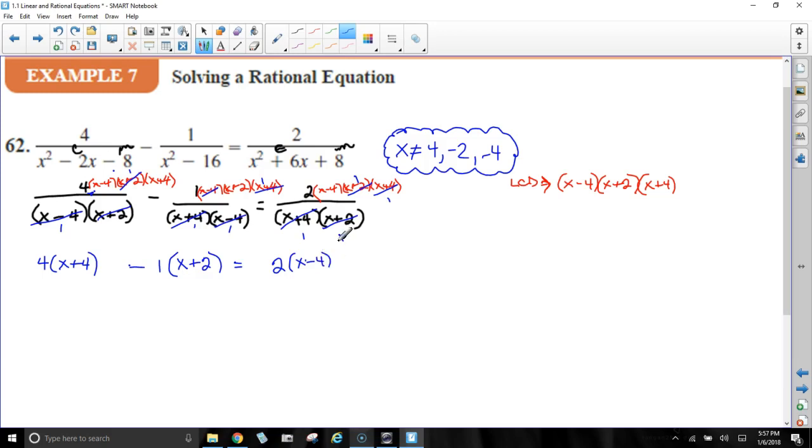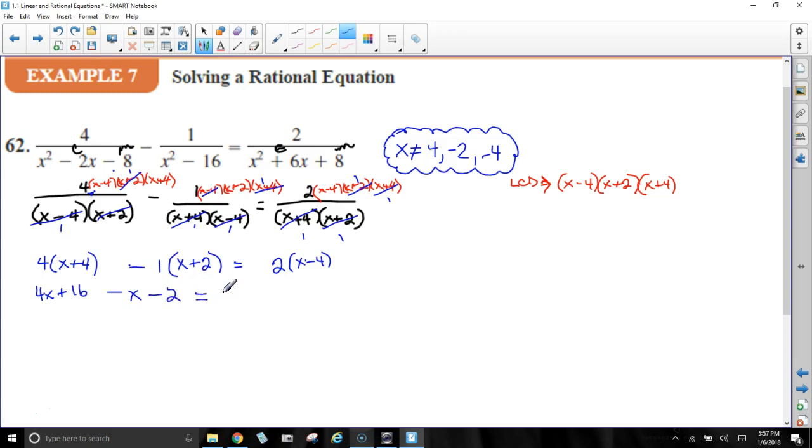All right, let's finish solving this up, and let's make sure that we don't get any of these values for our answer. If so, we'll toss them out. For this first set of parentheses over here, we're going to multiply the 4 through, so we'll have 4x plus 16. Here we've got to distribute the negative through, so that's going to give us a negative x minus 2.